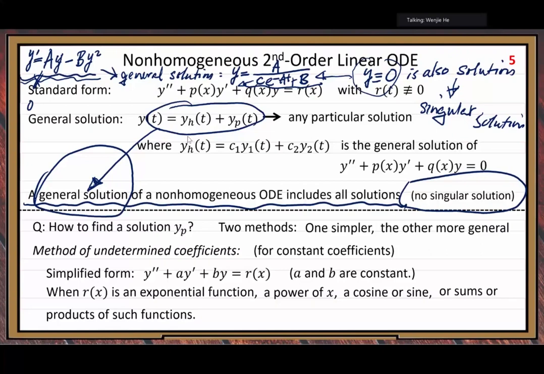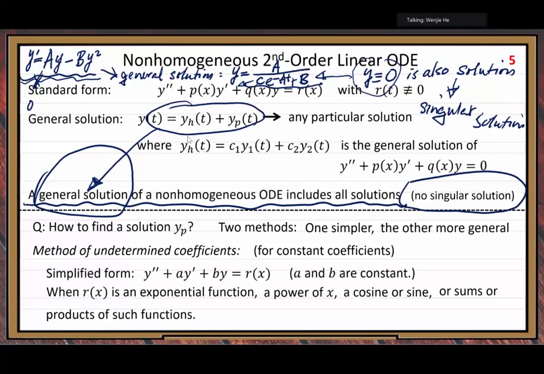Or sums, because that's the basic building block, right? You treat these three types of function as basic building blocks, and you can include several blocks in certain forms: sums of these functions or products of such functions. So typically, we consider r functions with the structure described here.